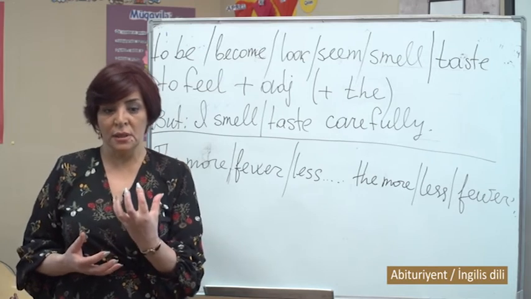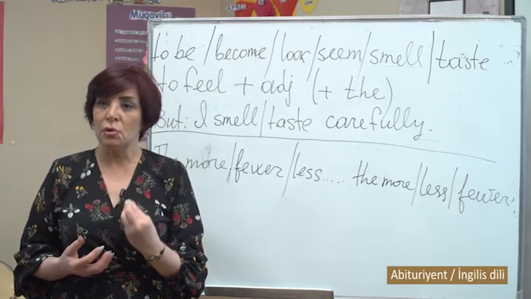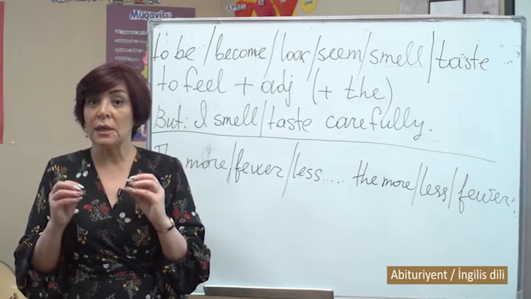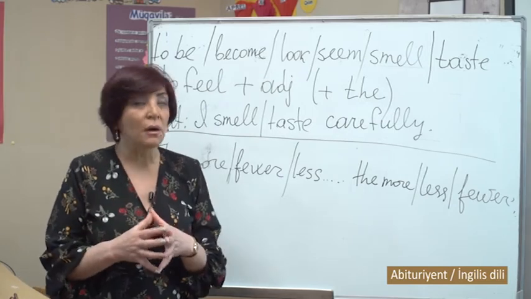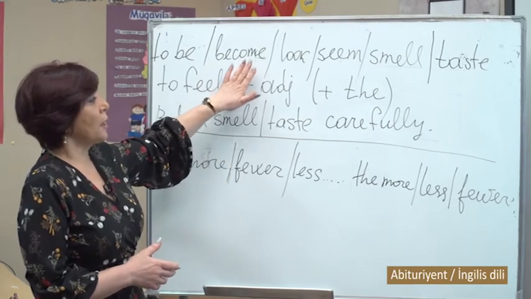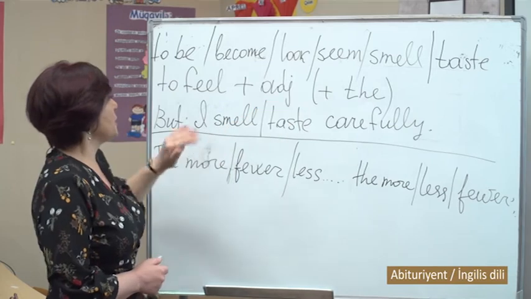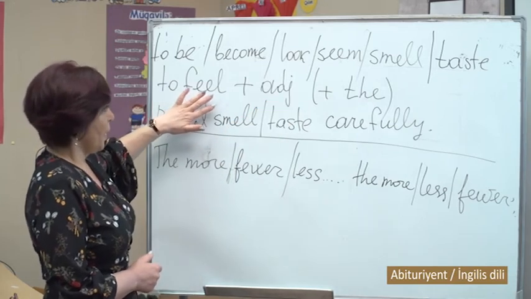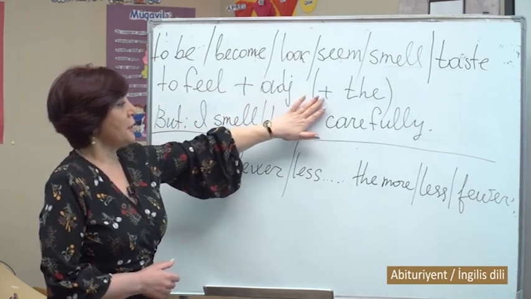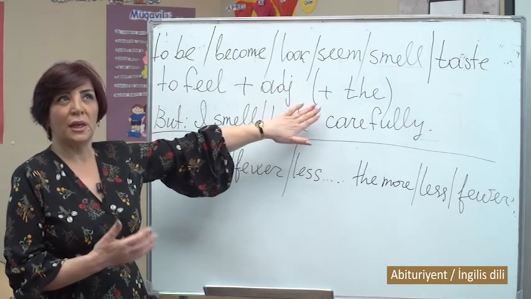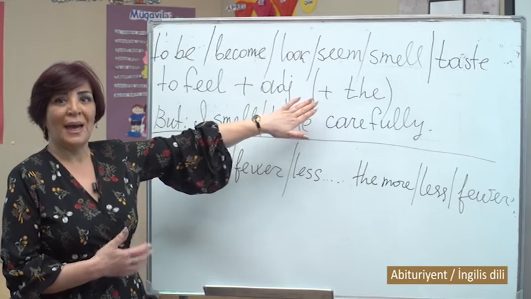These verbs denote emotions and states, and with these verbs, we always use adjectives. These verbs are to be, to become, to look, to seem, to smell, to taste, to feel, plus adjectives.